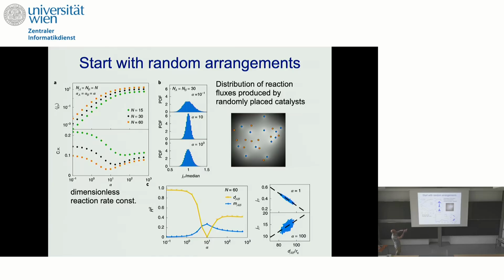I just rain down enzymes on a surface, just like Simone with the adsorption problem, and then compute for each arrangement the flux that they produce. This gives a certain flux, and this has a width and a mean. This is a disorder ensemble.